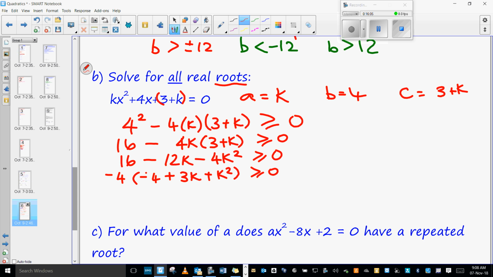So you've got k squared plus 3k minus 4. Maybe we need to write it that way. So, find our 2 solutions.